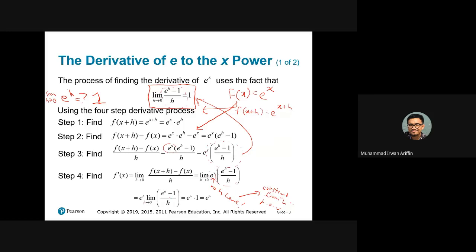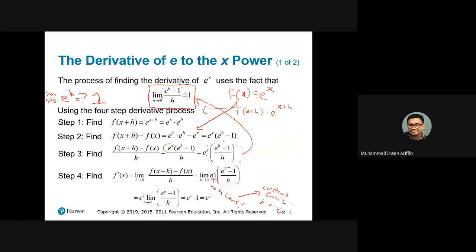And then we have this term, which we have defined here. So the limit of this term equals 1. And this is why the derivative of e to the power of x gives us e to the power of x itself, the same function, the original function in the first place.